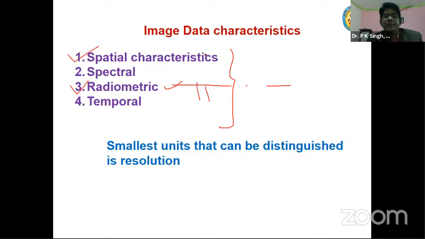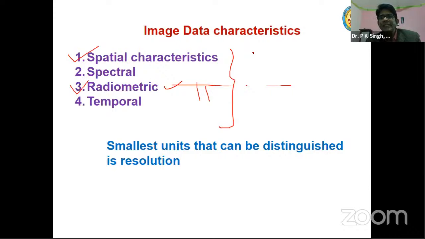Spatial characteristic. What is spatial resolution? Spatial resolution means what is the smallest part you can see using that image. High resolution means the pixel size will be smaller, so you can differentiate between two objects which are quite close to each other. Suppose for ETM data, what is the spatial resolution? It is 30 meter. It means all the information in the 30 by 30 grid is read as one piece of information.